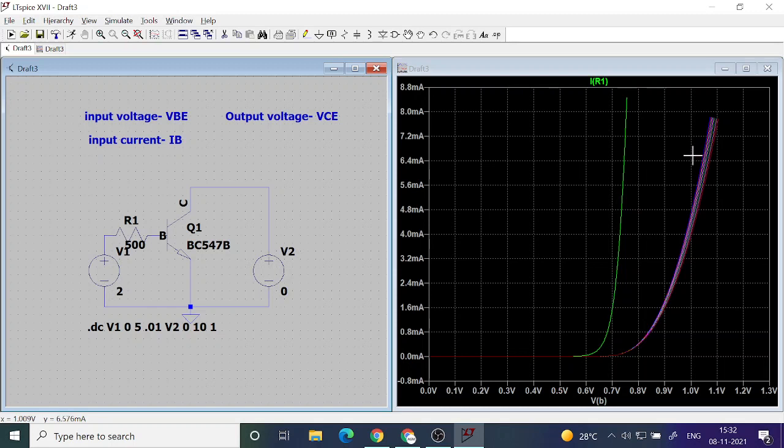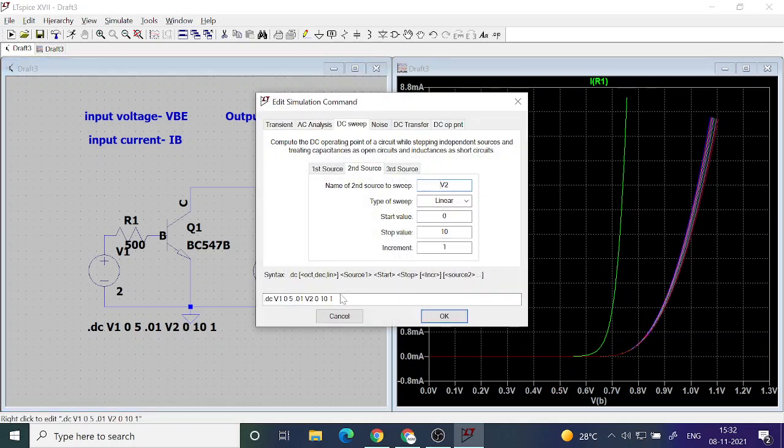There are 11 curves, 10 of them very close to each other, but one curve, which is 0 volt, is far apart. So this variation is happening between 0 and 1. So let us focus on 0 to 1. Let's say increment with 0.2.